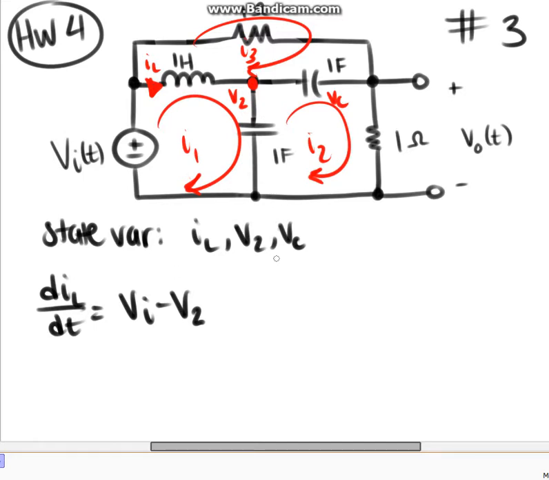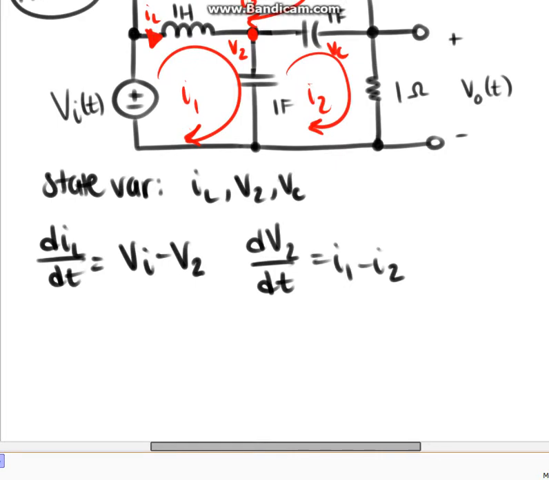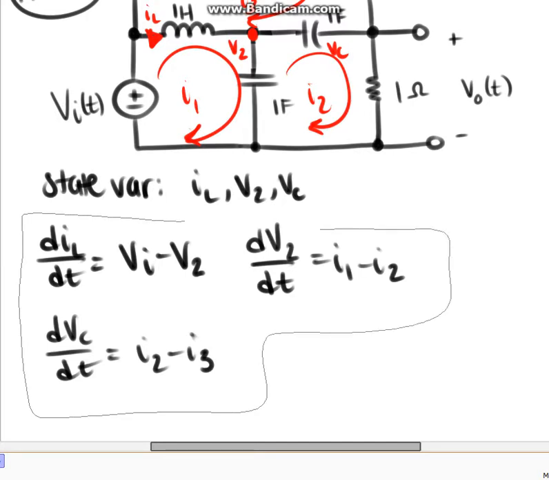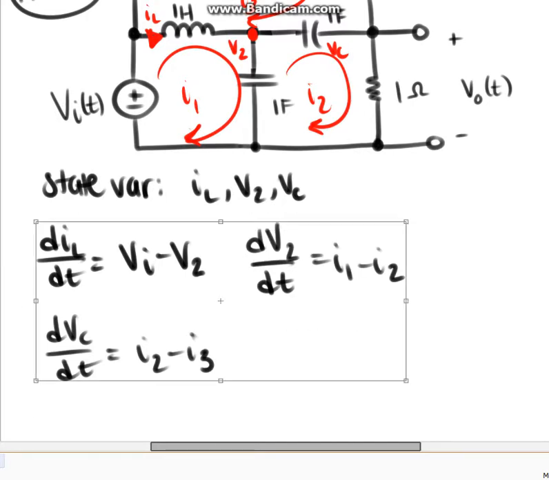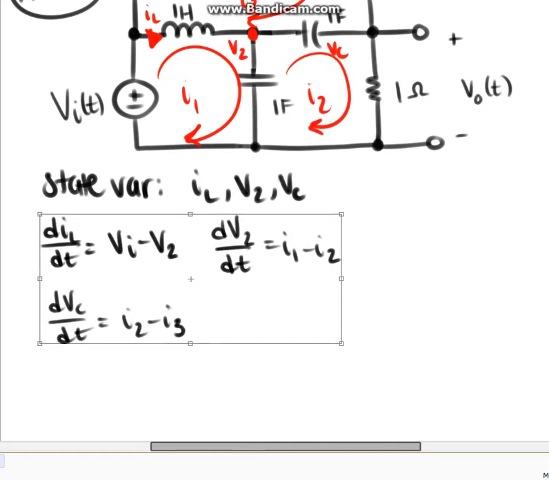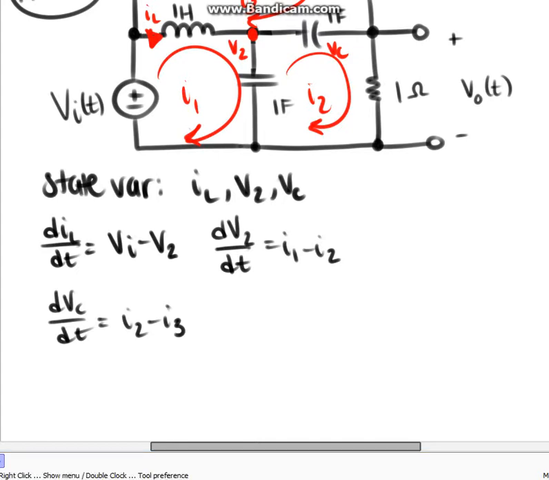So dV2/dt is the difference of I1 and I2, and similarly dVC/dt is equivalent to the difference of I2 and I3. These are the three equations we're going to be using for our final answer, but we need them in terms of the state variables, and we have I1, I2, and I3 in our equations, so we need to find these in terms of the state variables as well.